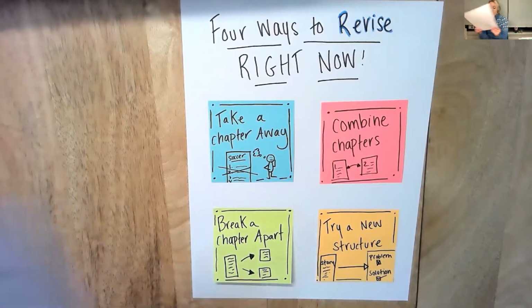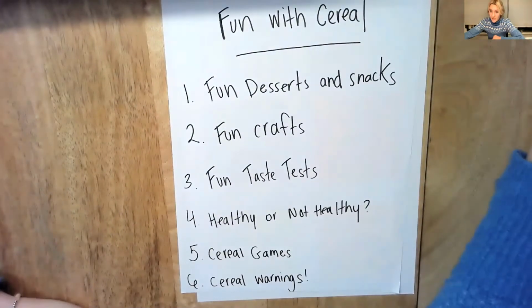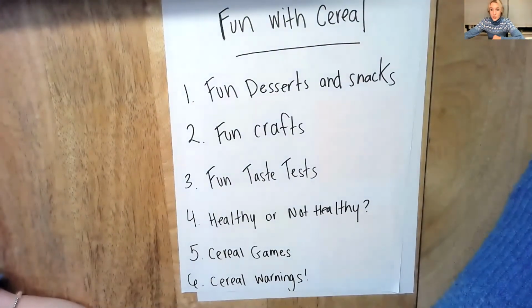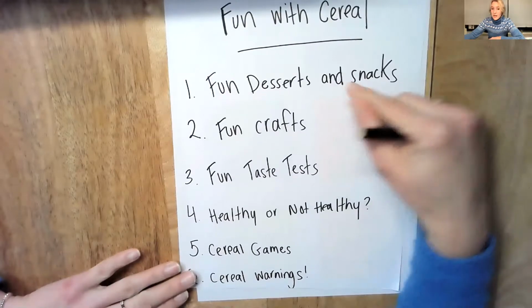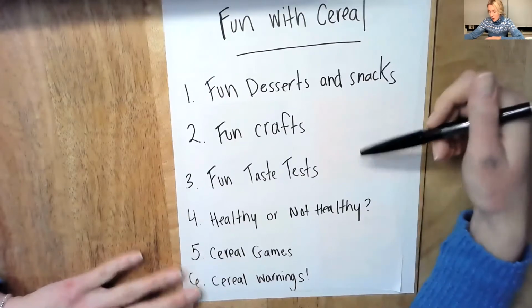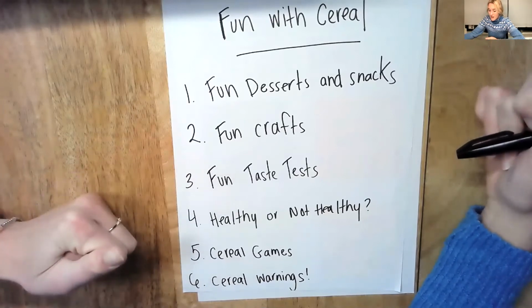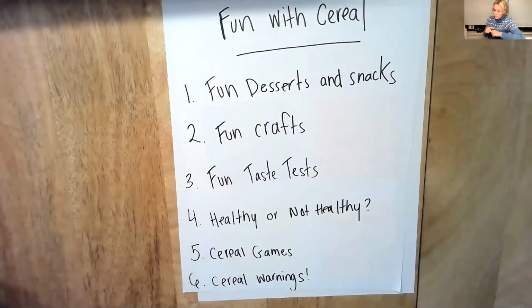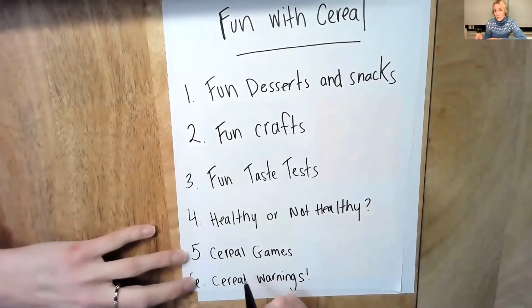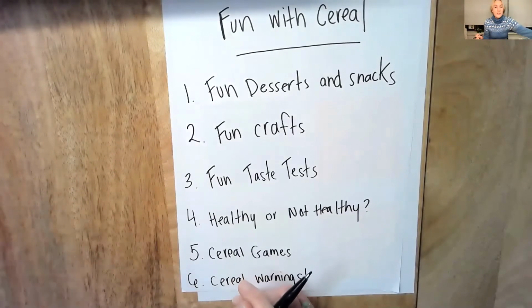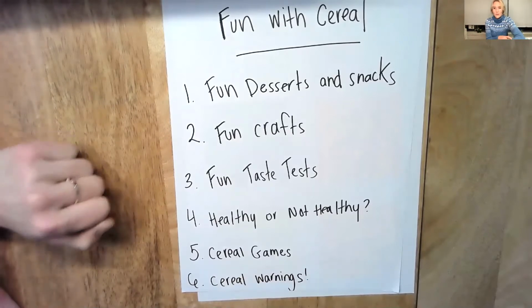For instance, in the beginning of my writing process, when I was just starting to draft, I realized that I had a lot to say about a lot of stuff about cereal, but not so much to say about, for instance, cereal games. I was thinking about the back of cereal boxes and how there's always those fun games. And then I thought, I don't know if I could write a whole chapter about that.